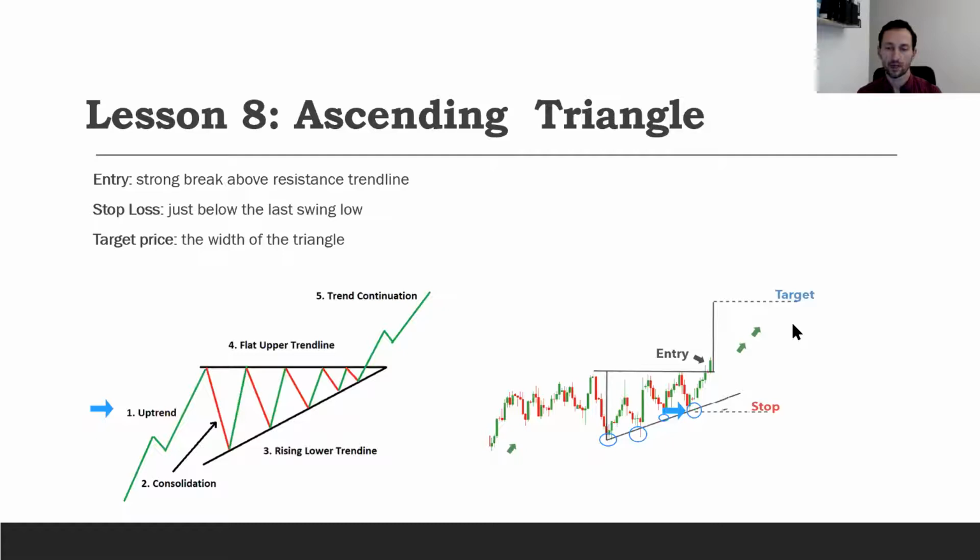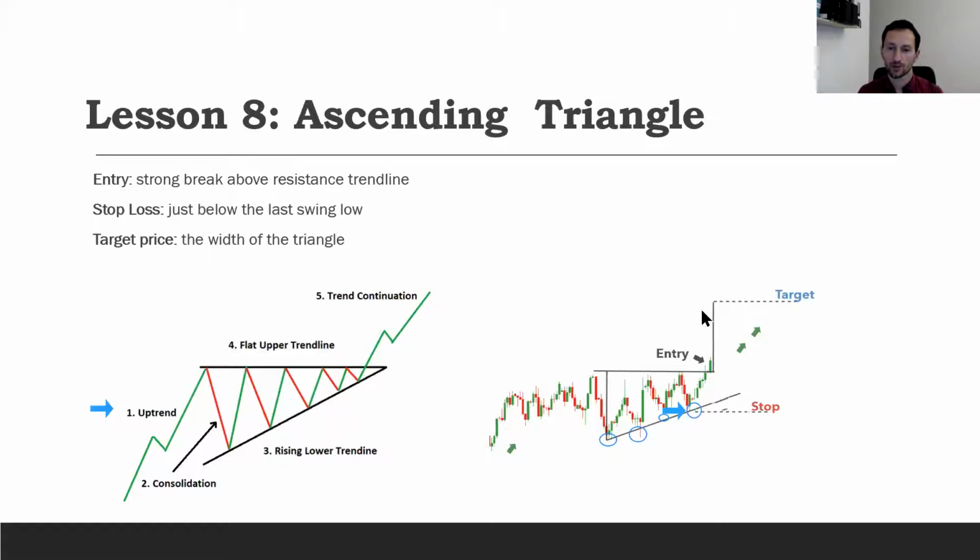And then what's the target? The target typically is the width of your triangle. And this is the same for descending and symmetrical triangles as well, the width of the beginning of the triangle is typically what you would expect the target to be.